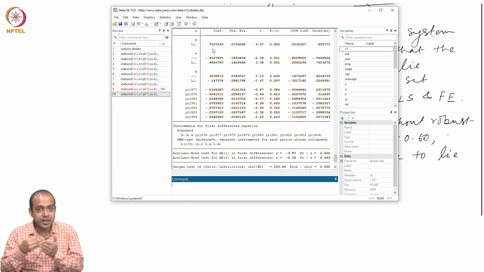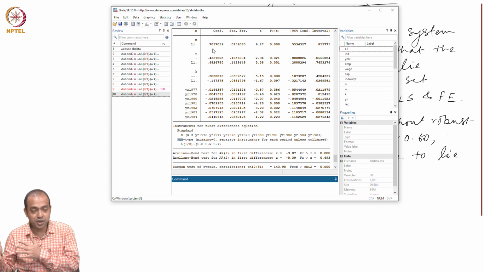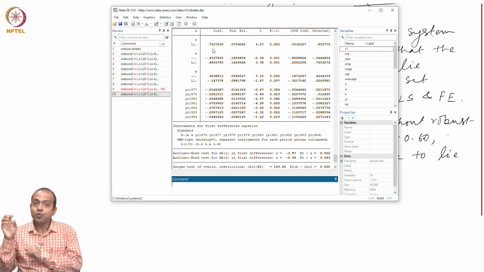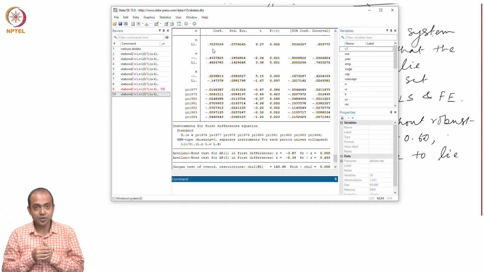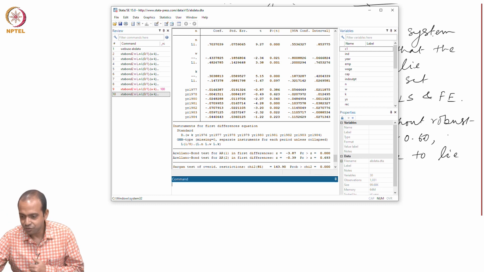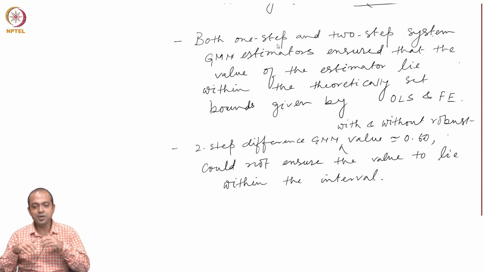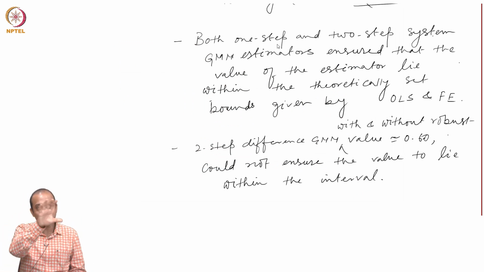Then we simulated different types of models to understand the sensitivity of our estimate towards one step and two step in the context of both difference and system. When we applied two step system GMM, what was the finding? Both one step and two step system GMM ensured that the value lies within the interval.